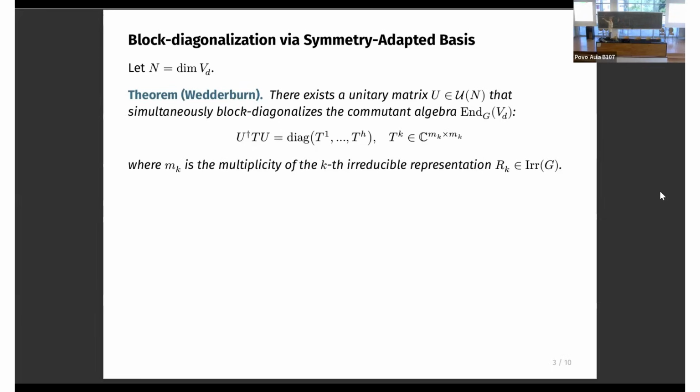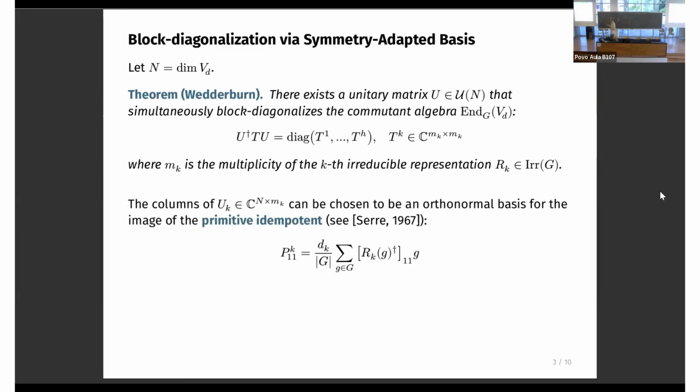And on the level of specific intertwiners, this looks like you find the spaces U, and you apply it to your intertwiner, and then you get a nice block diagonalized version of it. And we can do this to the level that the blocks are of size multiplicity of the irreducible representation inside the big representation, which is your truncated polynomial ring. So this is the finest possible decomposition that you can do by representation theory.